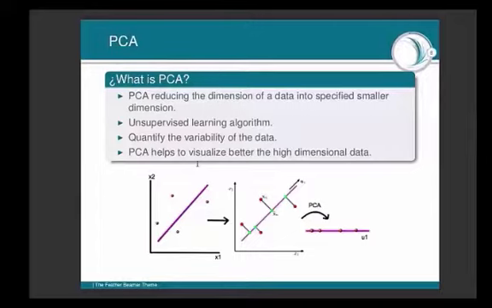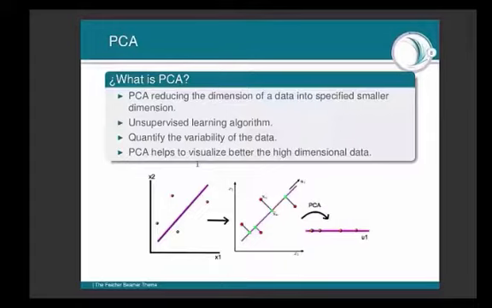It is considered an unsupervised learning algorithm because it doesn't require a labeled dataset. It allows us to quantify the variability of the data. PCA helps to better visualize high dimensional data.